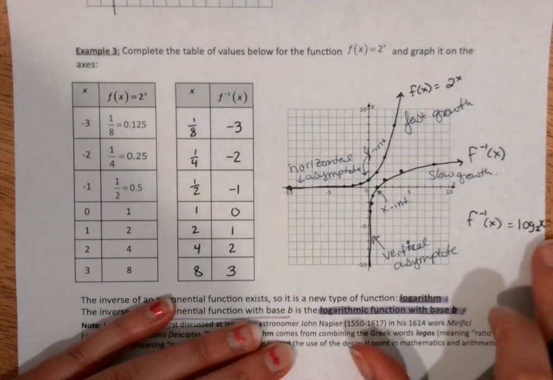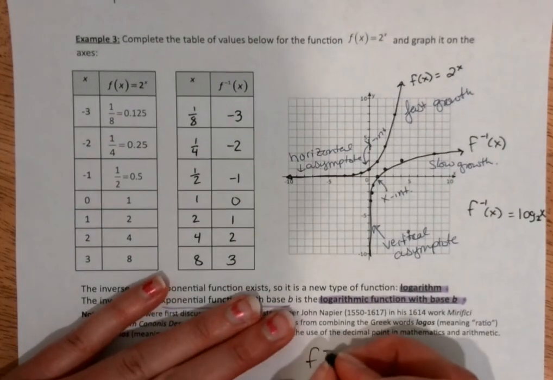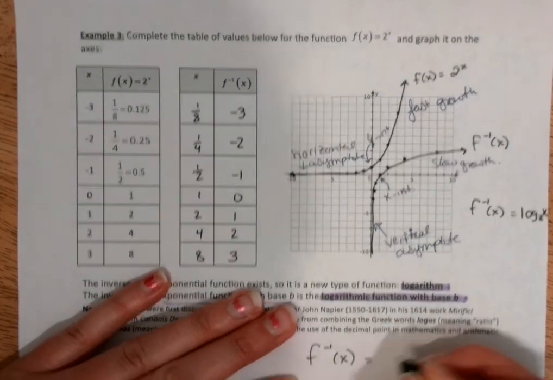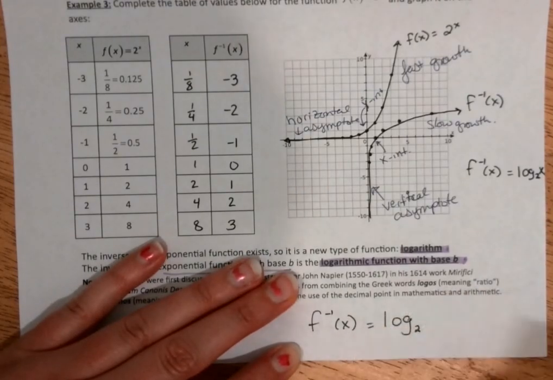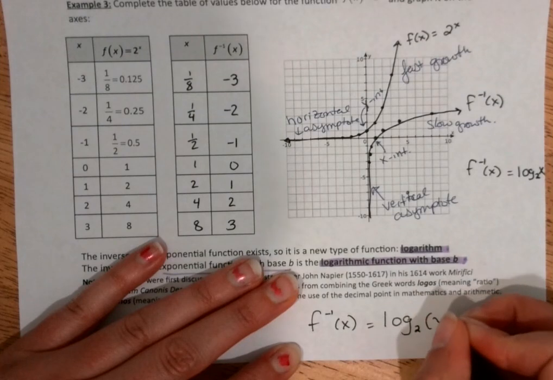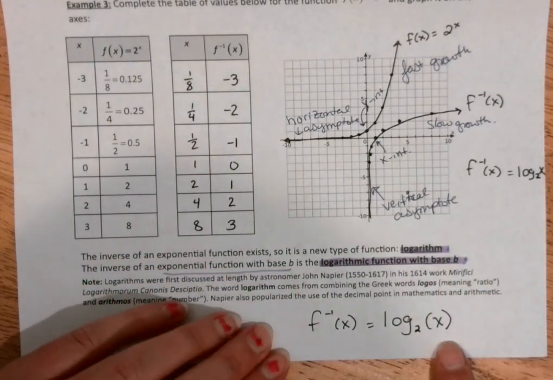I'm going to rewrite that because I really squished it into the page. This one right here, f inverse of x, is log base 2, a little tiny 2 in the bottom corner, of x.